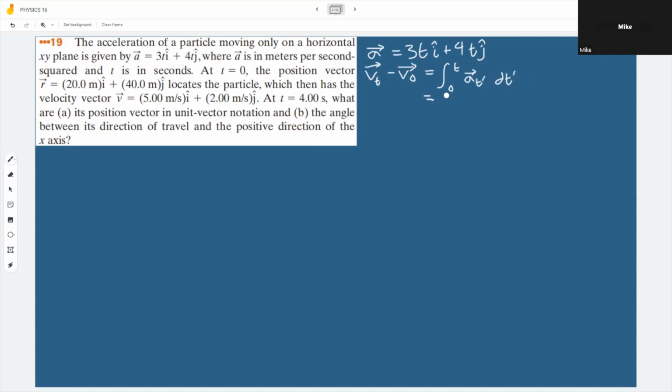Okay, ngayon, pag sinubstitute mo, di ba 4 yan? Tapos may prime dapat yung variable na t, dt prime. And then if integrate, anong lalabas?